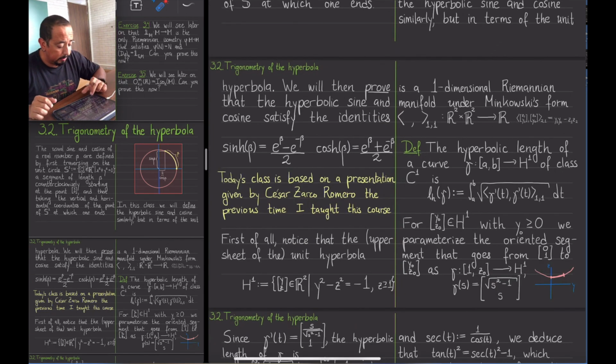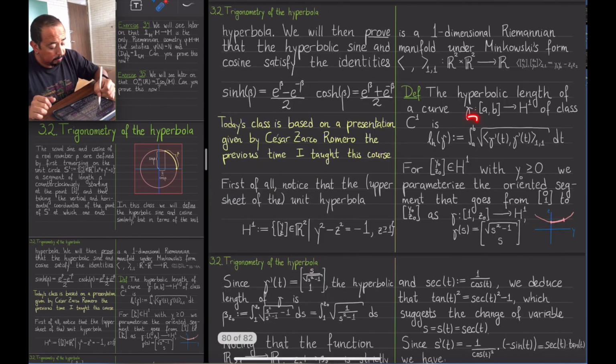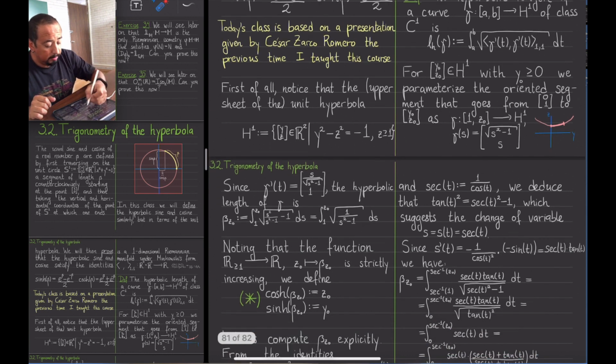Okay, so that's one way of parametrizing. And well, let's compute the corresponding length. For that, we need to compute the derivative. So you compute it. It's calc 1, right?